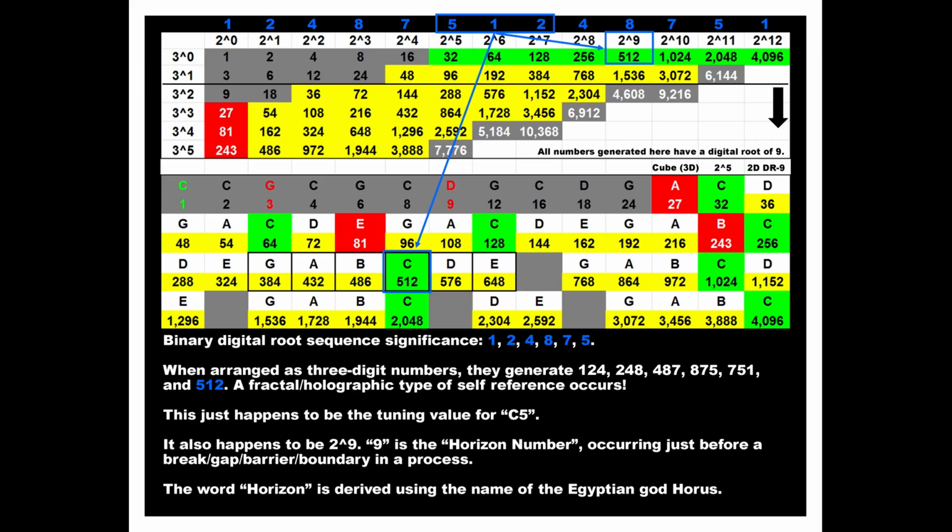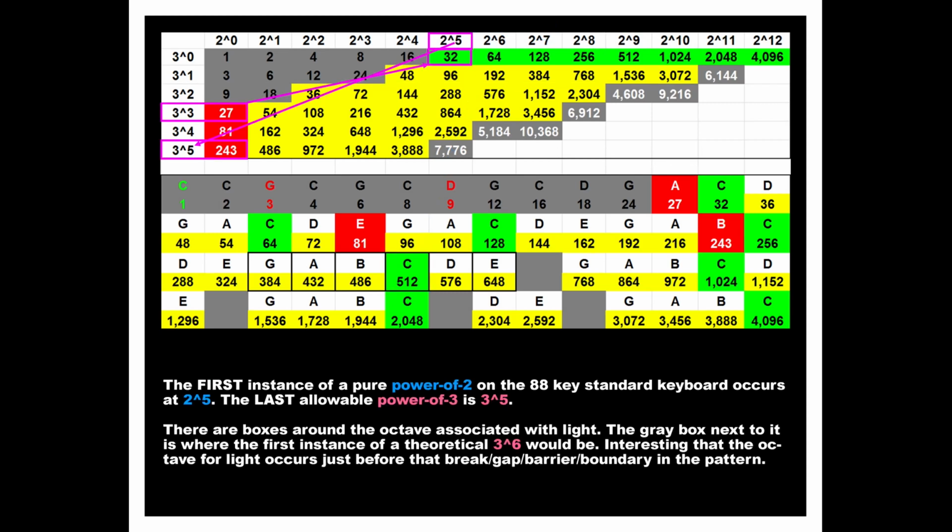9, of course, we just already talked about, is the horizon number, occurring just before a break, gap, barrier, or boundary in a process. The word horizon is derived using the name of the Egyptian god Horus. We'll talk about Horus in a bit. The first instance of a pure power of 2 on the 88-key standard keyboard occurs at 2 to the power of 5.